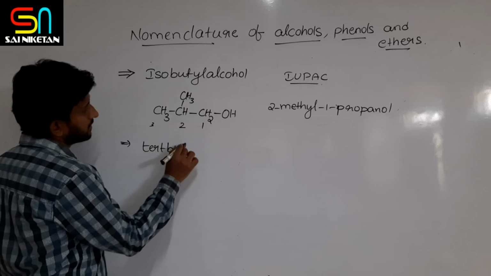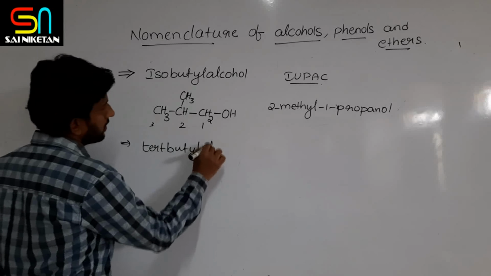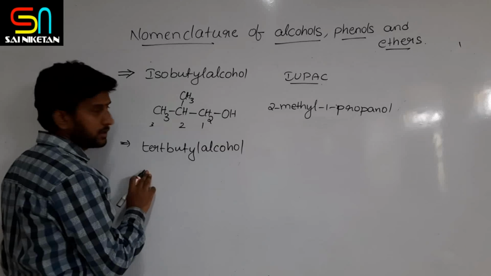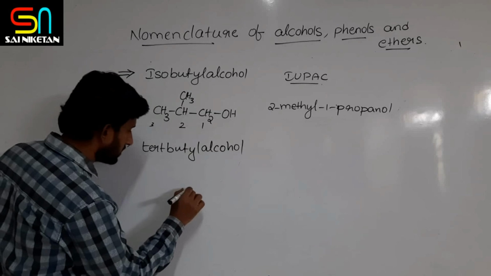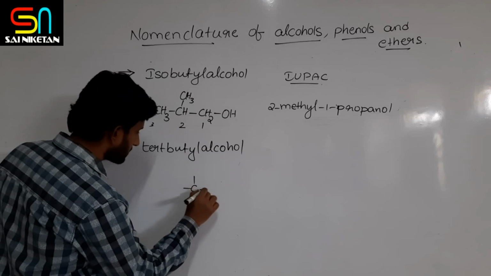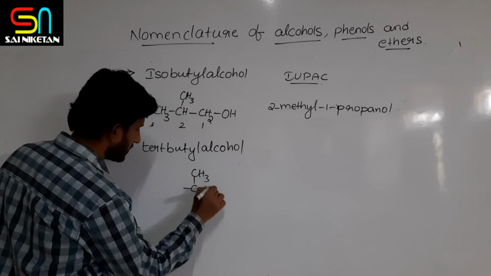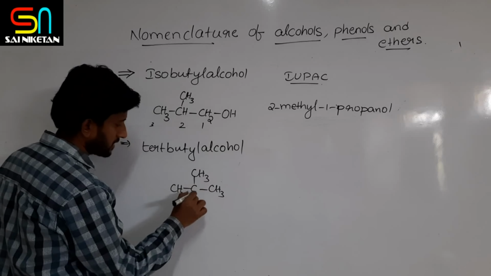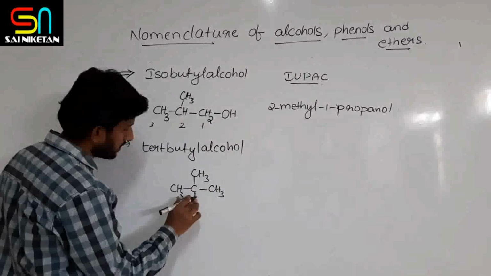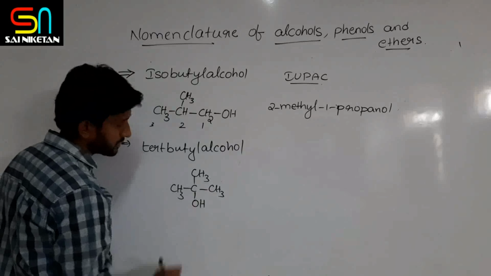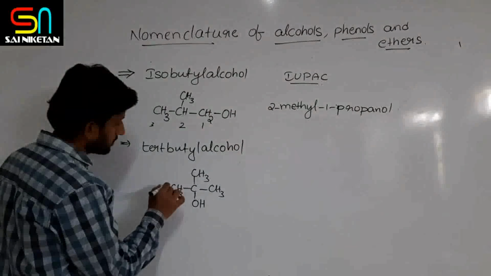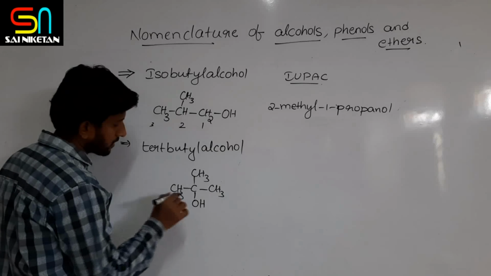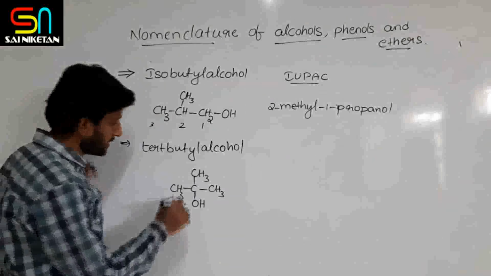Next, like this we have another compound, tertiary butyl alcohol. Now tertiary butyl alcohol means, I am writing 3 methyl groups on one carbon. This is tertiary butyl group, and here I am writing OH group. So now this should be the parent chain, and methyl and alcohol are the functional group and substituents, right?